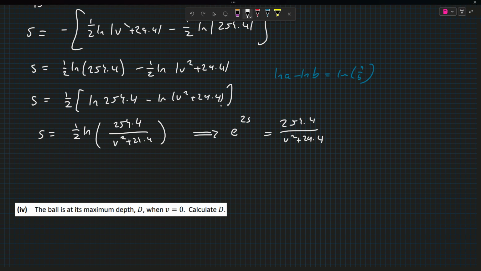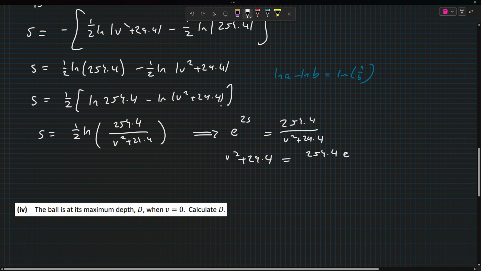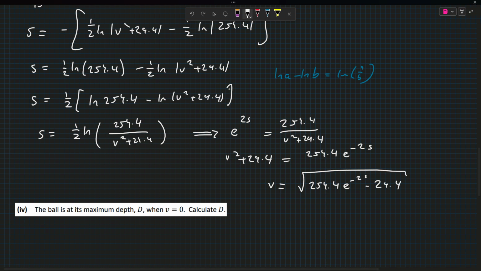Dividing by e to the 2s and multiplying across, we get v squared plus 29.4 equals 254.4 e to the minus 2s. So v is the square root of 254.4 e to the minus 2s minus 29.4, in meters per second. And that's v in terms of s.